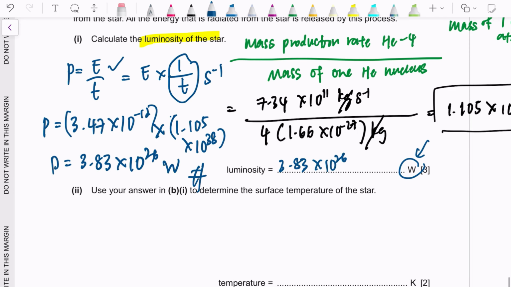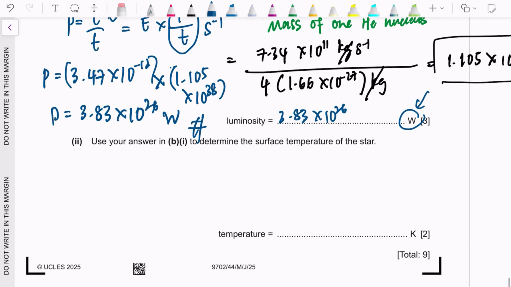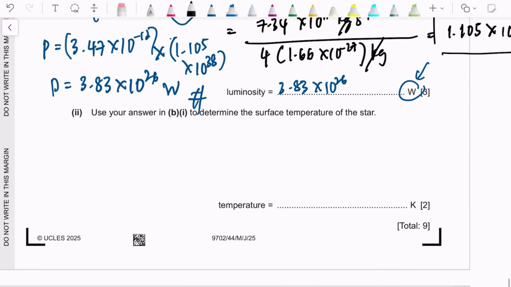Okay. Now, moving on to the last question. Use your answer in B Roman 1 to determine the surface temperature of the star. To do this, we just have to use a formula, which is luminosity equals 4 pi sigma r squared T to the power of 4.